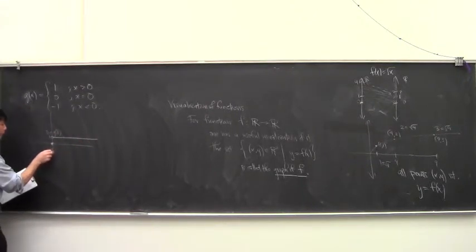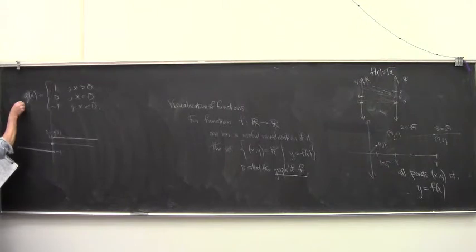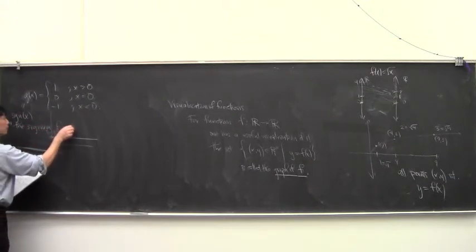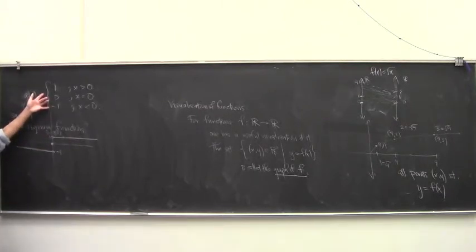Put in any negative value, and you get -1. So this is the graph of this function, which actually has a name, the signum function. Signum or sign. It tells you the sign of your number. Is it plus or is it minus or is it 0?